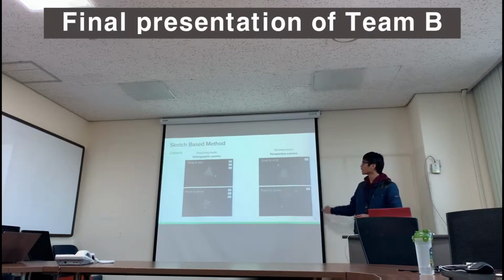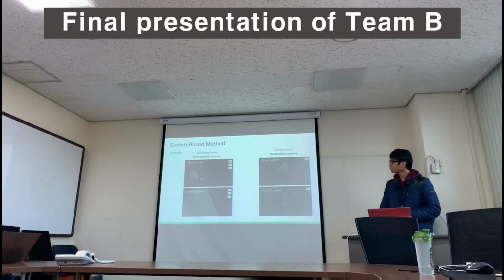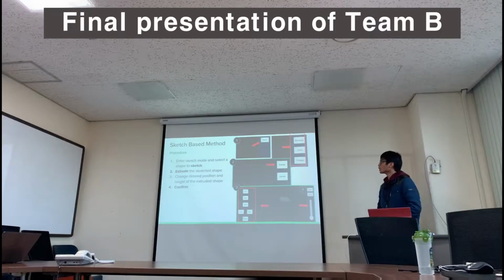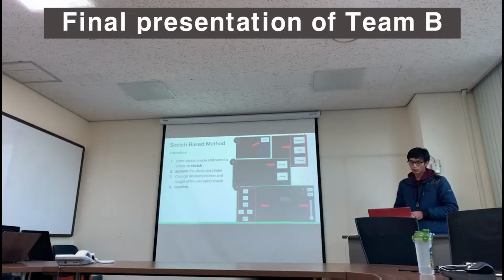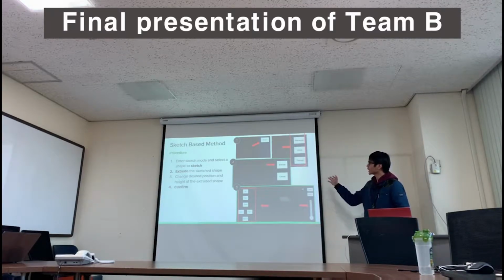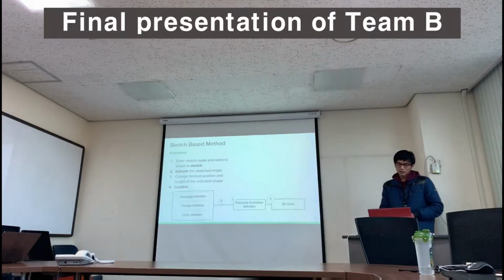And some gestures are implemented to control these cameras, as you can see. So the main procedure when using this method is that we will just first enter the sketch mode, select a sketch, and then extrude the sketch and change its position if we needed to, and then just press confirm.